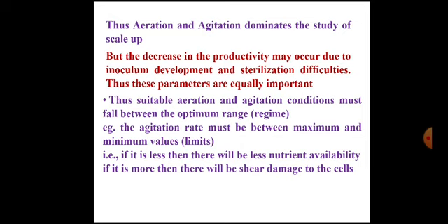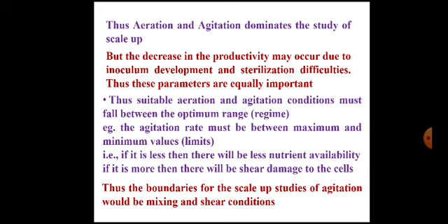Therefore, these two form the boundaries, that is nutrient availability and shear conditions. So the boundaries for agitation, for scale up studies of agitation, will be mixing and shear conditions.